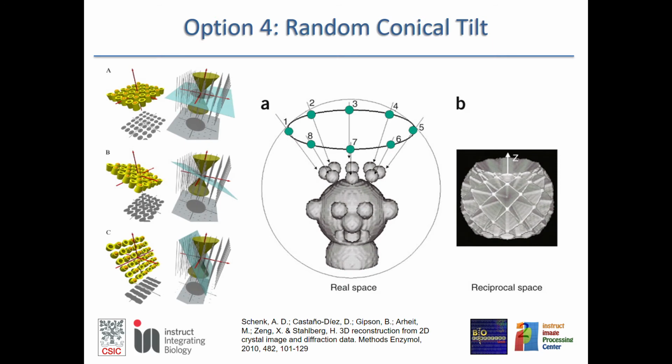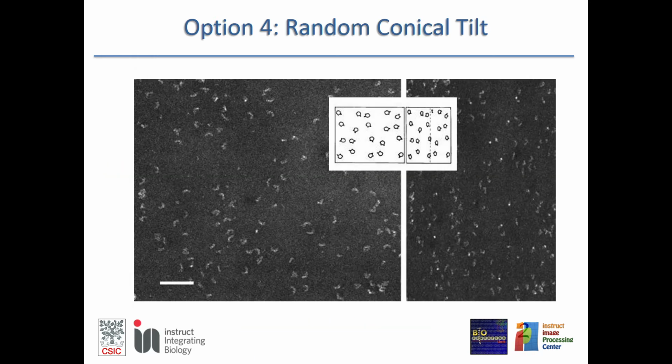Here you have a representation of the missing cone. So we already know that projections are central slices in the 3D Fourier space, and if you think how the images in a random conical tilt experiment are collected, you have some projections here, and these projections are tilted 50 degrees.